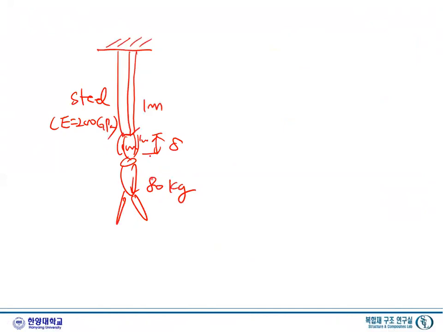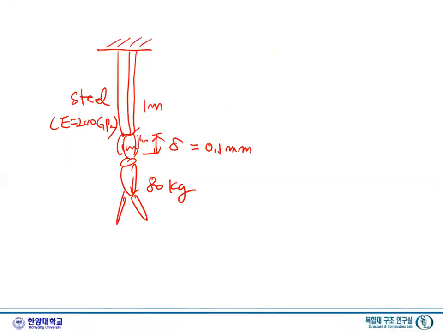Now this steel bar will extend a little bit, right? How much? Can you guess how much? Don't calculate, just guess as an engineer. 0.1 mm. Okay. Delta, his estimation or guess is 0.1 millimeters. How about you?